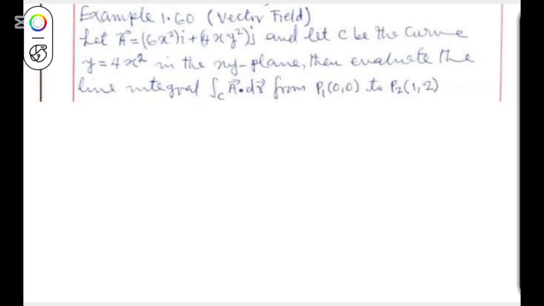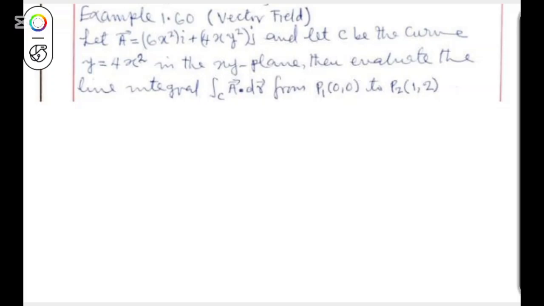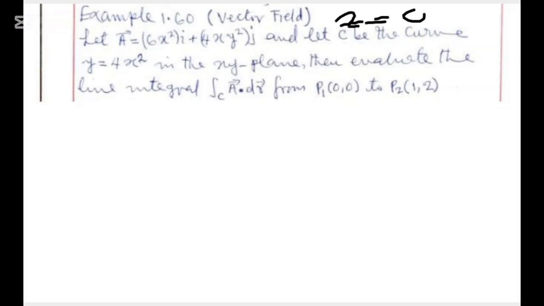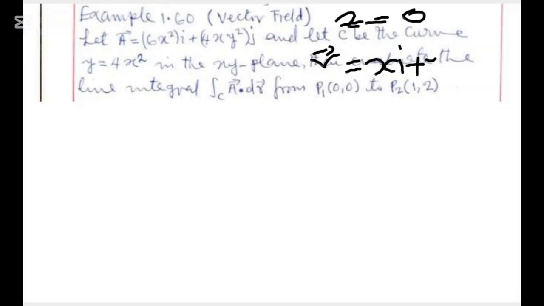The first thing that I'm going to do here is that since the integration is performed in the xy plane, then z is equal to 0, and the vector r should now be equal to x i plus y j.